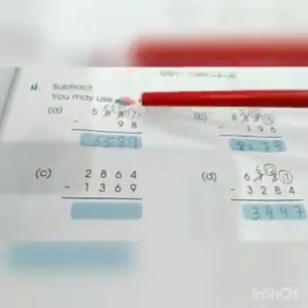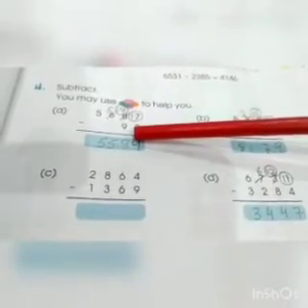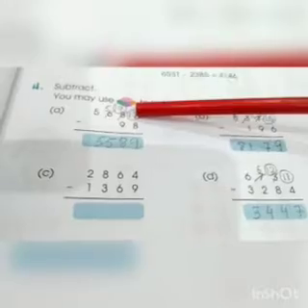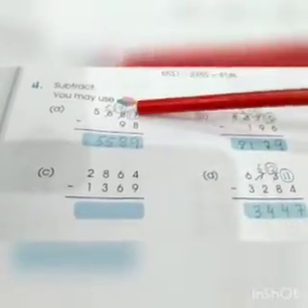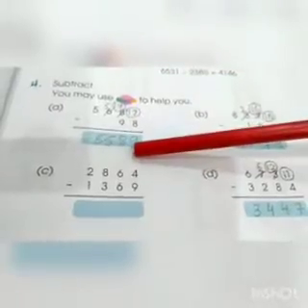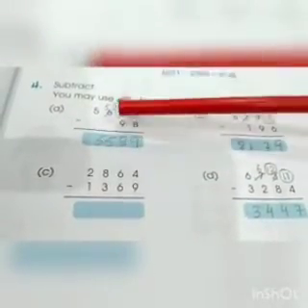Moving toward question number 4. Subtract. Part A, 5,687 minus 98. 7 is smaller than 8. We need to borrow from 8. Give me one of your 10s so I can be 17. 17 minus 8 is equal to 9. Now 7 minus 9 in the tens column. 7 is smaller than 9.